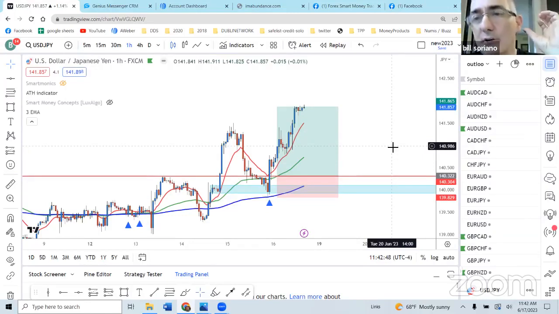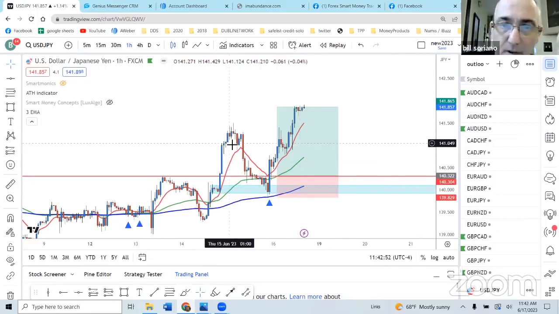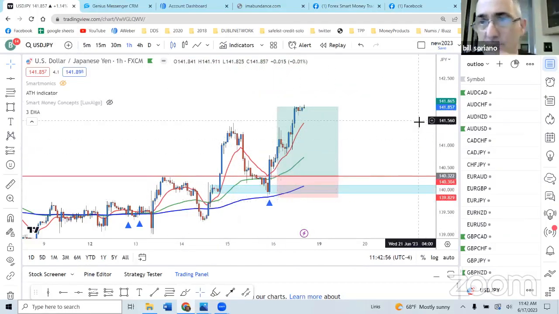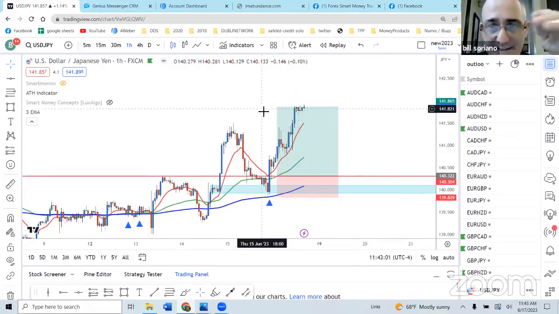He has that program now so that you only get them when the 13 and 62 align and you get a pullback to the 62. Okay. So this is how we use our ATH indicator. This is how we use it for the 62 pullback trade.